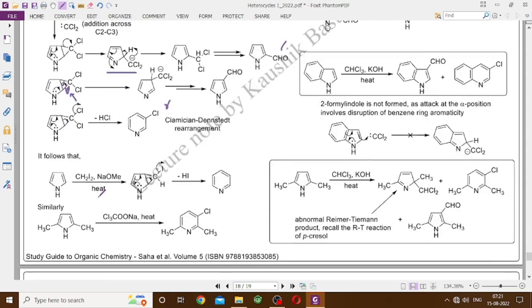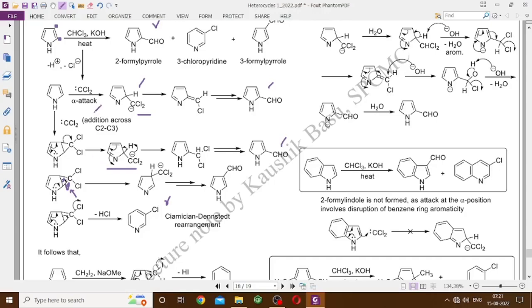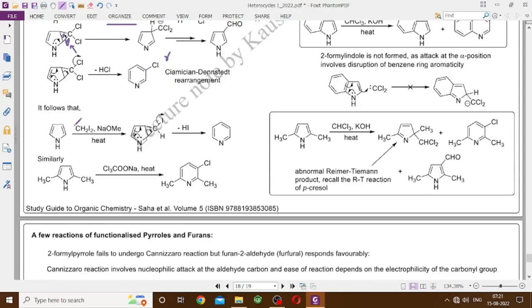Therefore, it follows that if we do the reaction not with CHCl3 but with CH2I2, then after alpha elimination, our carbene is like that, which adds itself onto the pyrrole nucleus like that, and when it collapses in this particular fashion by breaking of the C2-C3 sigma bond, with elimination of HI we get pyridine.